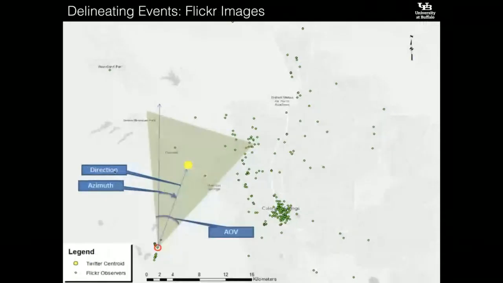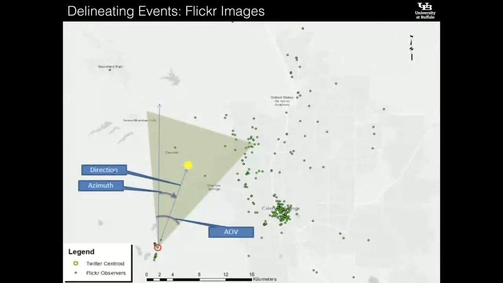One point is we try to delineate the extent of wildfires using social media posts. That was done through Flickr photos, which had a precise GPS tag on them. Although the EXIF files you download with Flickr photos also have a compass direction inside of that, most people who upload photos to Flickr tend to have that compass direction, which records where your camera was pointing when you took the photo.